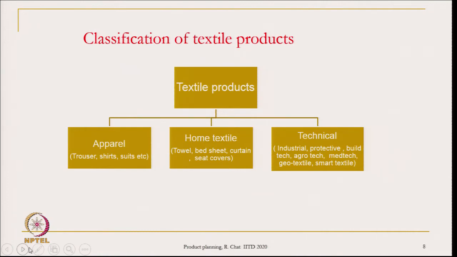We used to filter out water also using a cloth, basically straining of water. For that purpose we have used it. And we have used textile for a long time as a wicking material.